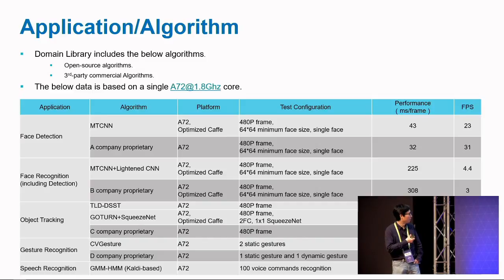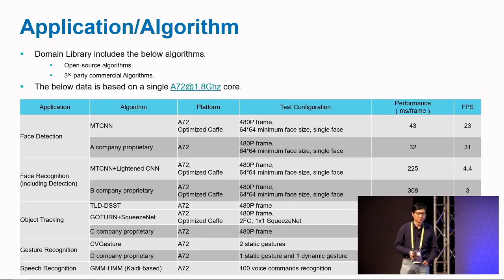This performance is single core performance. Speech recognition here means voice command. That means the requirement is from some home devices or robotics. It needs local voice handling for voice command. This is for 100 voice commands supported.